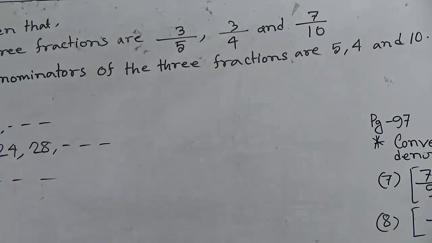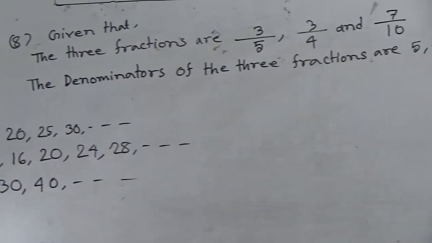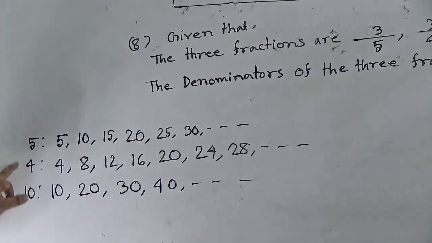Multiples of 10: 10 ones are 10, 10 twos are 20, 10 threes are 30, 10 fours are 40. My dear students, now we find the common multiples of these three numbers 5, 4 and 10.